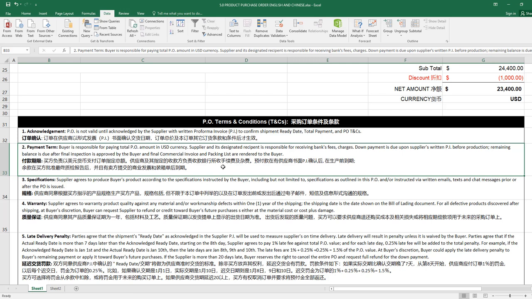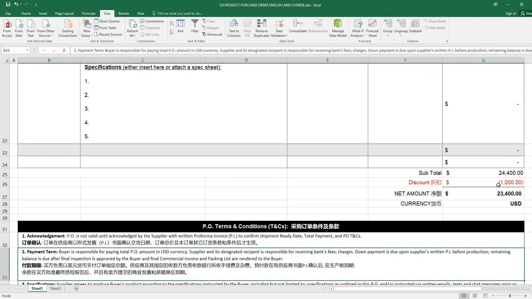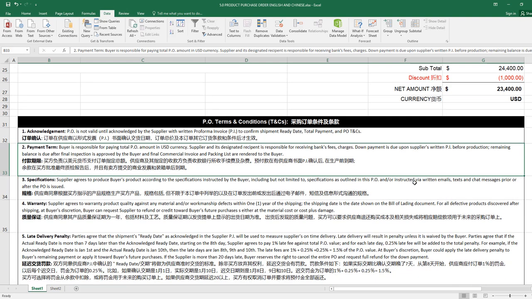Once the money is gone, it's impossible to get it back from the overseas suppliers. So take your time, go over the terms and conditions with your supplier, be fair, be firm, and make sure their written PI is acknowledging your specification, your payment, and then you issue your first down payment.